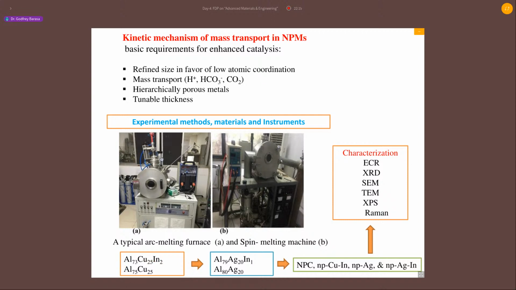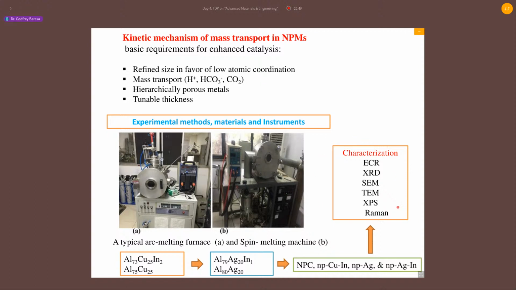Then to get monometallic copper, we need to have a binary, that is silver copper. And then when you do dealloying, you remove one phase and then you get the other phase. Then for silver, to make nanoporous silver, we use silver aluminium. Then to get silver indium, we use the aluminium silver. And then we get nanoporous.